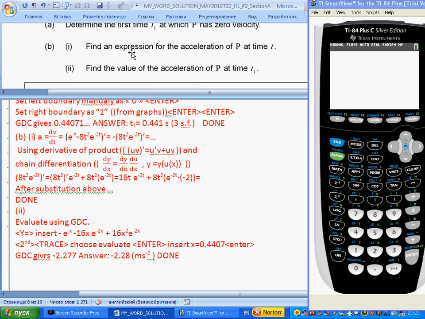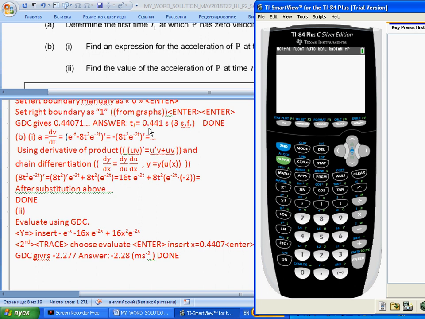Find the value of acceleration at point p, time t1. So time t1, okay, t1 we will use with 1, 2, 3, 4, 5 significant figures.